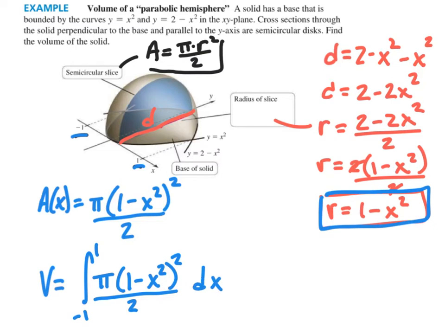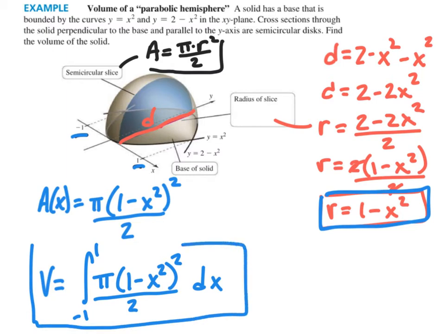And that's it. So guys, this is really mainly your ability to go through this process, visualize what your cross section is, determine how to get these variables in terms of x, and then write it out as an integral.